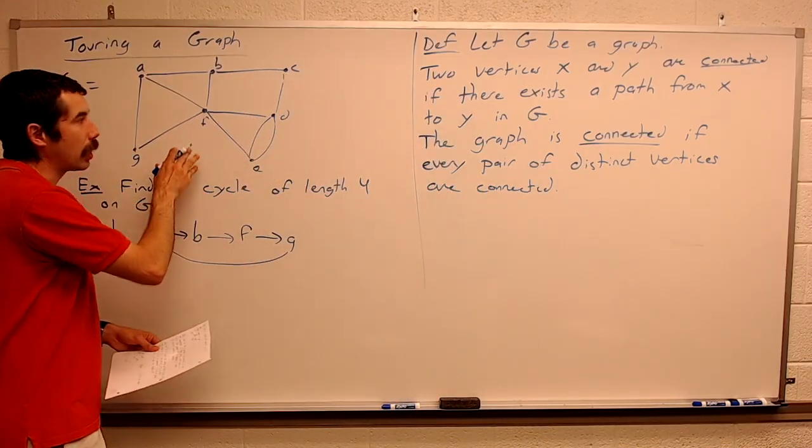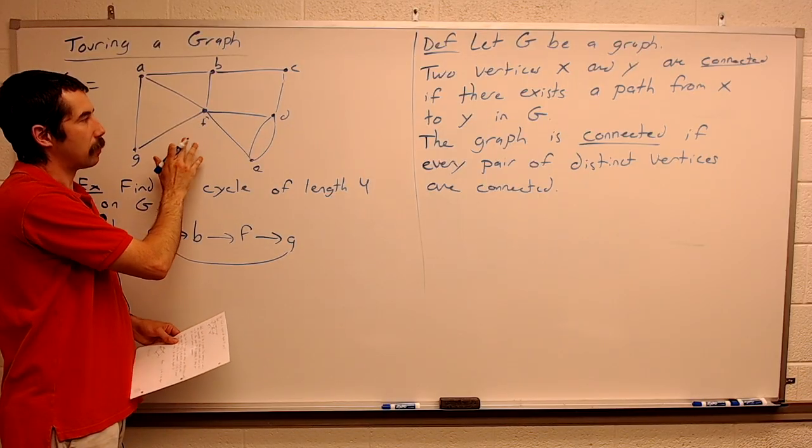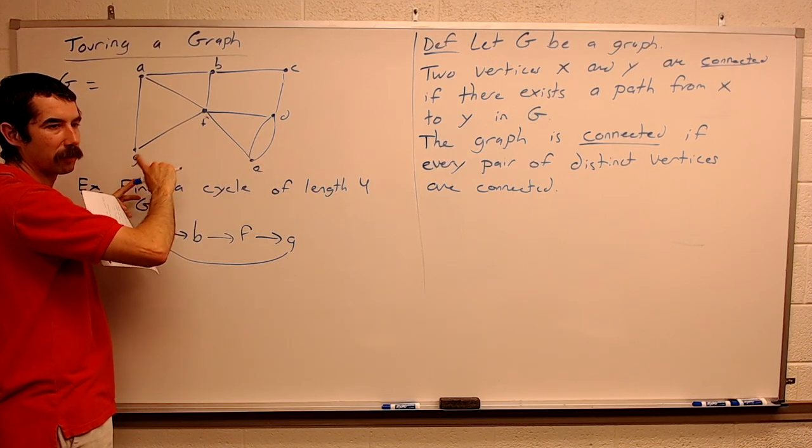All right, and so we could check that this is indeed a connected graph because you take any pair of vertices, you could find a path to get from one vertex to the other.